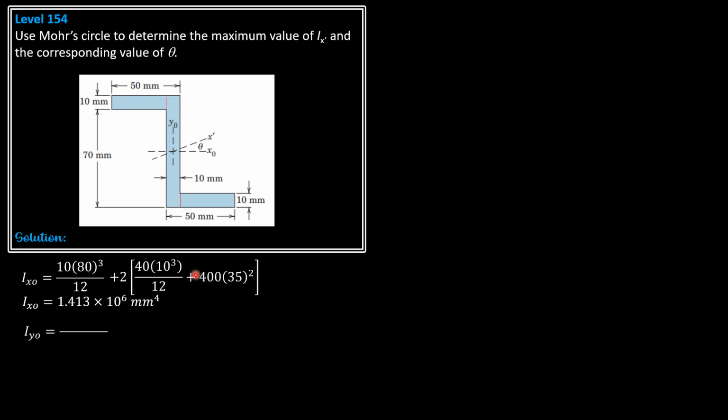So IYO is equal to 10 cube times 80 over 12 plus 2 times quantity 40 cube times 10 over 12 plus area 400 times 25 square. So IYO is equal to 0.6133 times 10 to the 6 mm to the fourth.